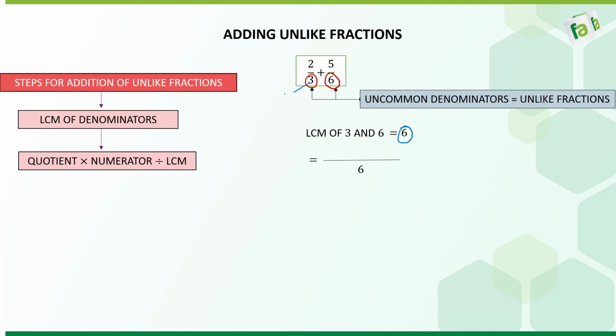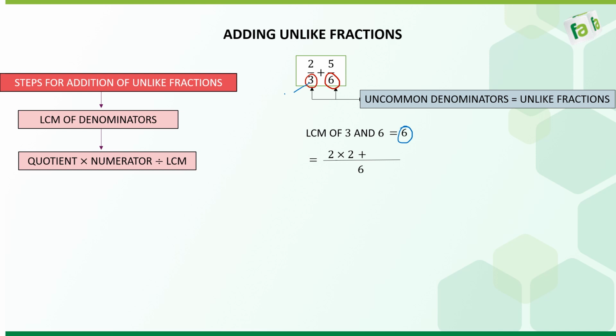Then, what will be the quotient? It is 2. Third step is to multiply the quotient by the numerator of this fraction. So, over here, we write 2 multiplied by 2. The plus sign will be retained.